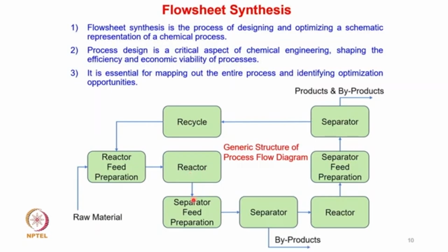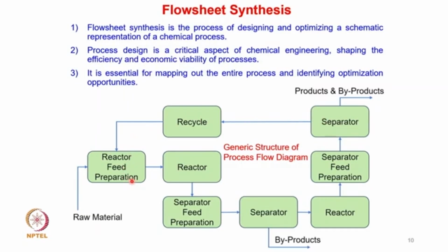The product coming out from the reactor is then prepared for the separation, and this product stream is then passed to the separator where the products are separated, and some of the products can again react in the reactor, which are again separated in the subsequent steps, and some of the reactants which are removed in the separator are recycled back to the feed.